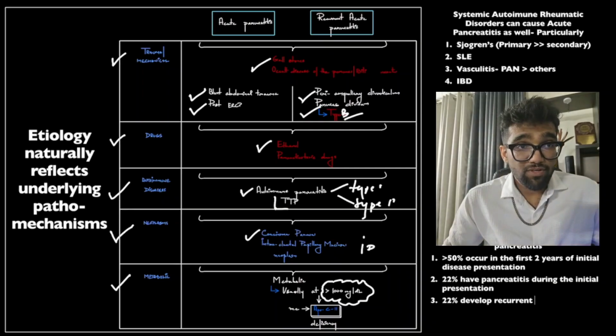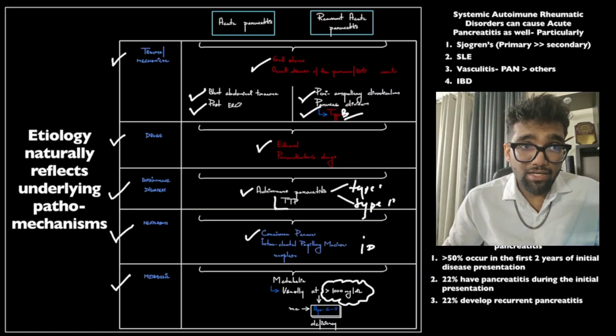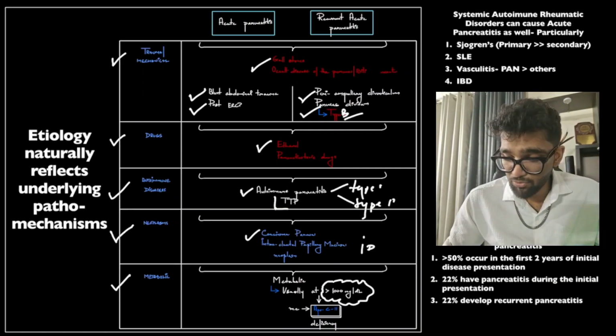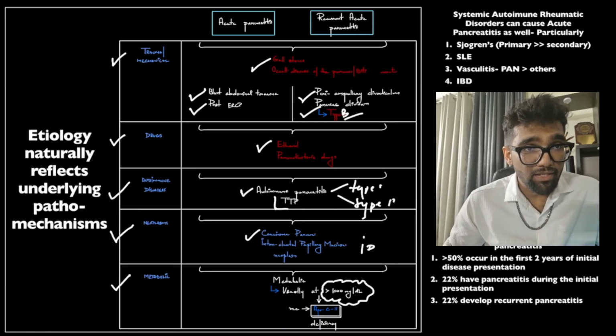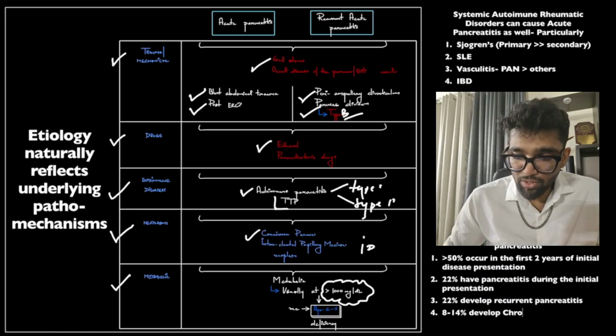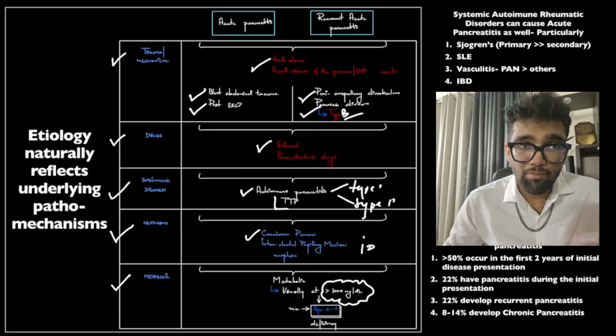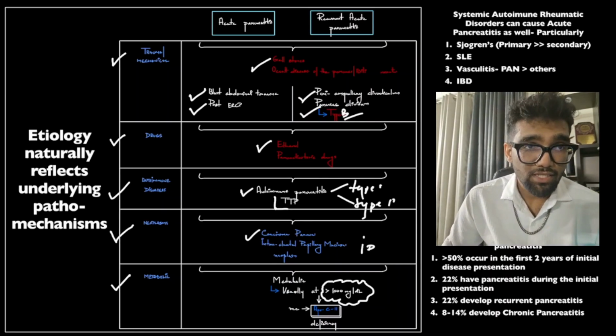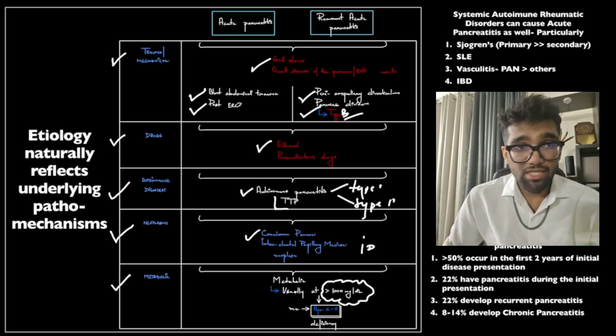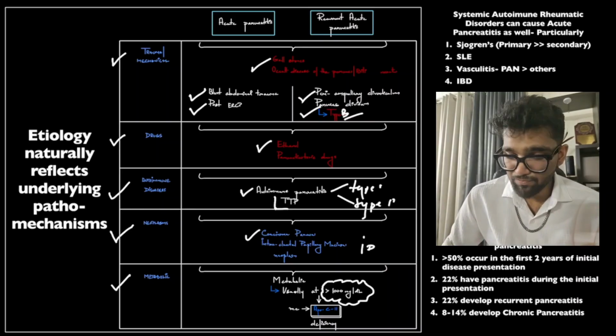That is something that one needs to keep at the back of your mind when you're evaluating acute pancreatitis. Again, of these SLE patients who develop pancreatitis, around 22% develop recurrent pancreatitis, so they have recurrent episodes. And finally, around 8 to 14% of these patients progress to developing chronic pancreatitis, which we'll be talking about when we discuss an approach to significant but poorly localized abdominal pain.